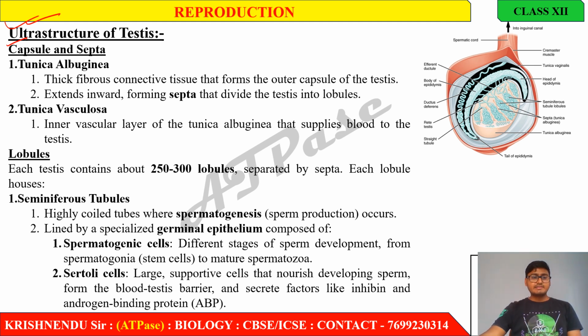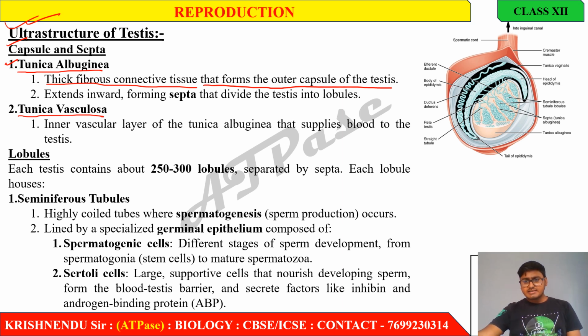There are two layers: one, tunica albuginea, and second, tunica vasculosa. Tunica albuginea is thick fibrous connective tissue that forms the outer capsule of the testis.